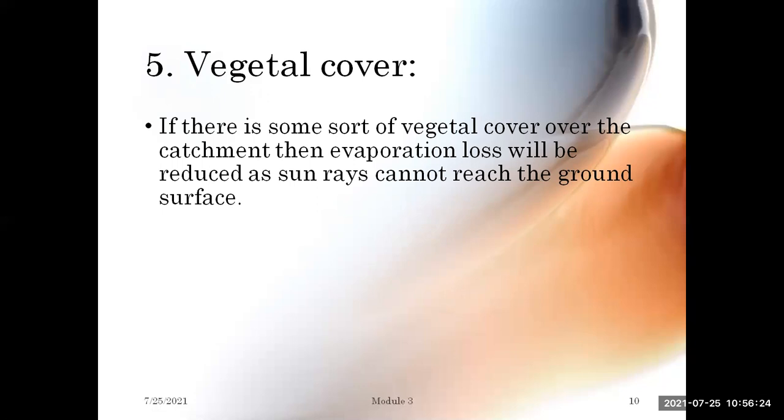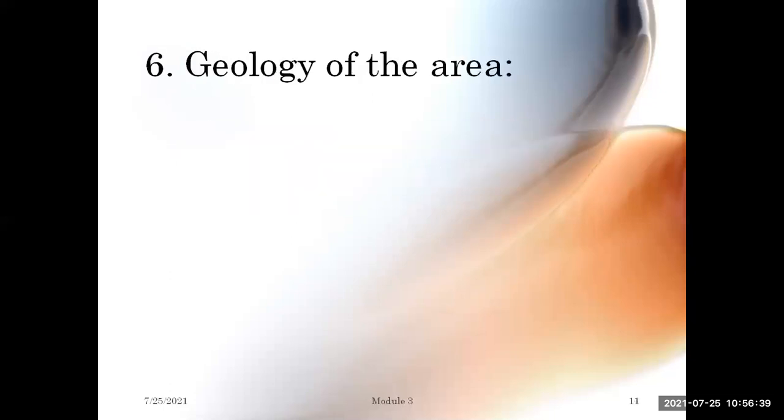If the sun rays reaching the ground surface are less, then the evaporation will be less, so that will lead to a higher runoff value. Okay, so if there is a dense vegetal cover, then the runoff value will be more.